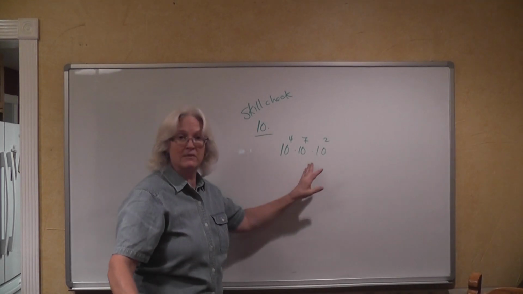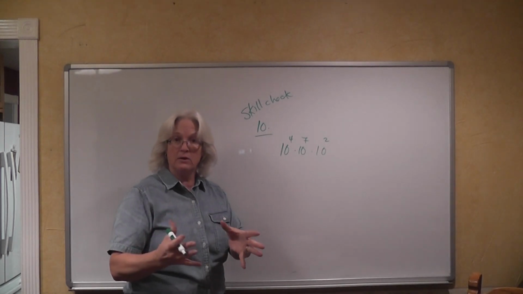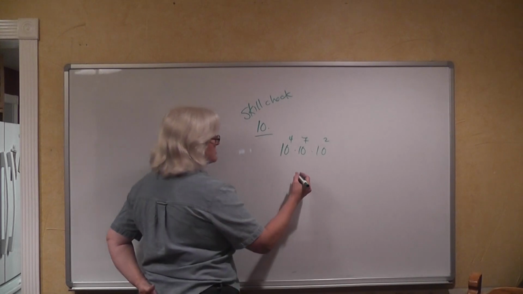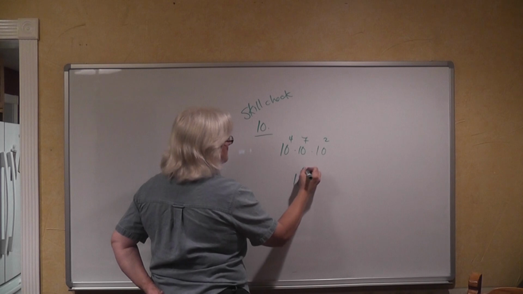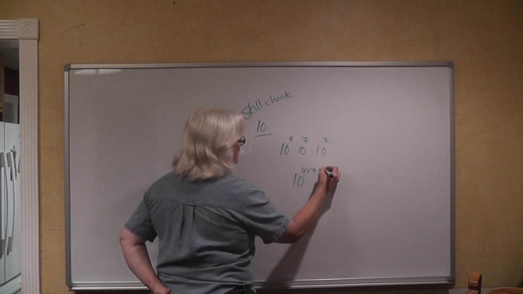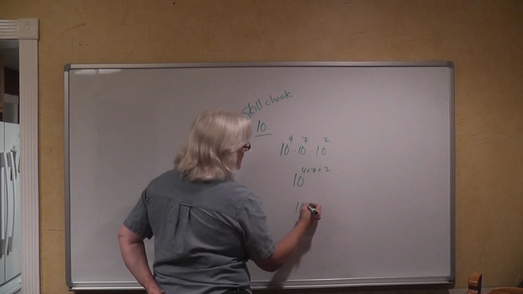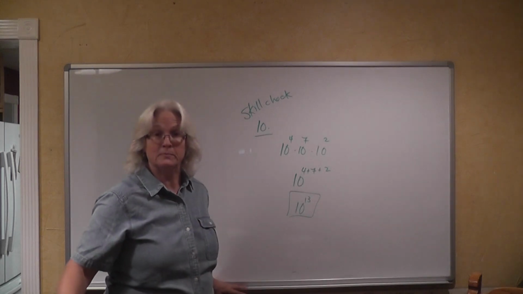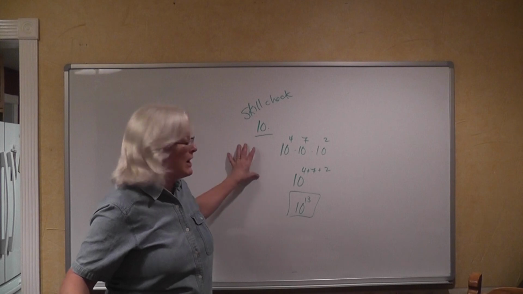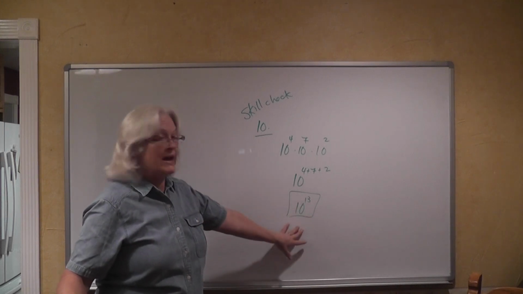Here we have the same base being used in these factors, so we have 10, and we add the exponents. 10 to the 4 plus 7 plus 2, 10 to the 13th. That's your answer, because it says write your answers in exponential form.